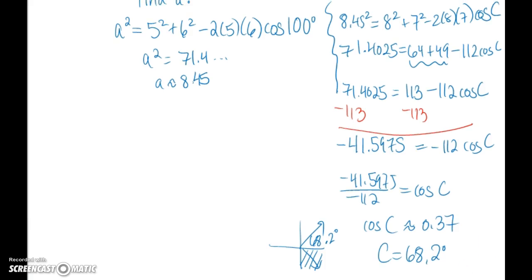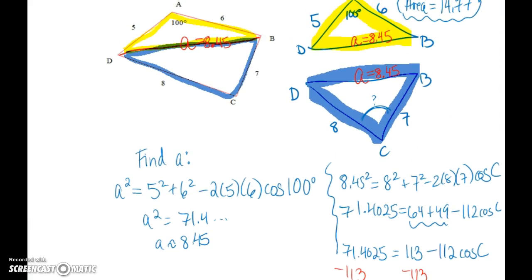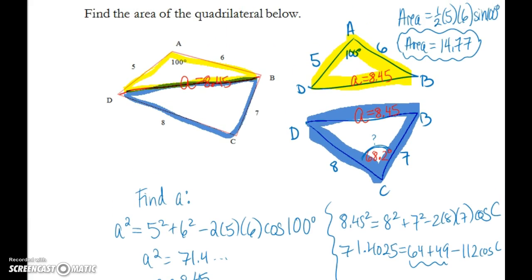So let's put that measurement back in our triangle, 68.2 degrees. Now we have enough information to find the area of this blue triangle. So 1/2 times the side times the side times the sine of the included angle.